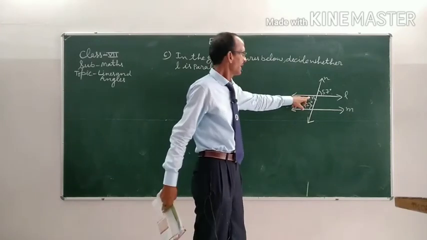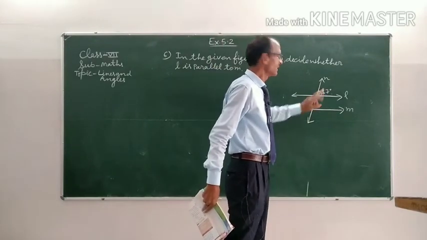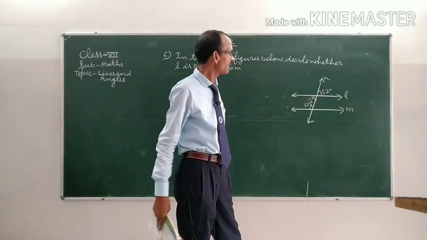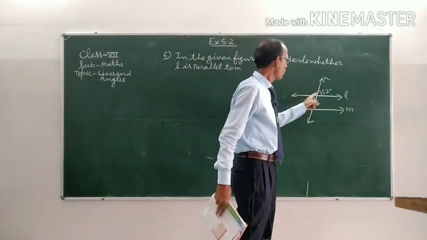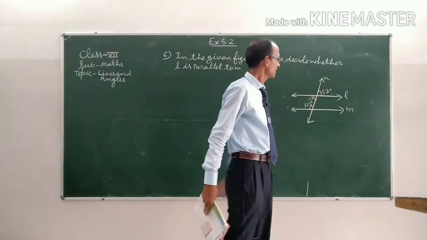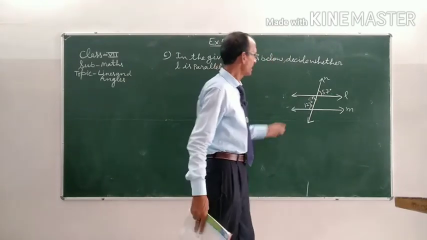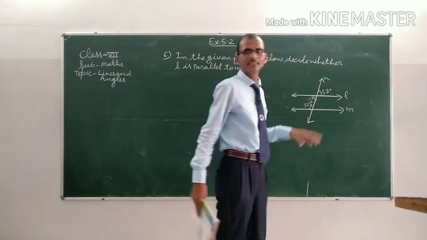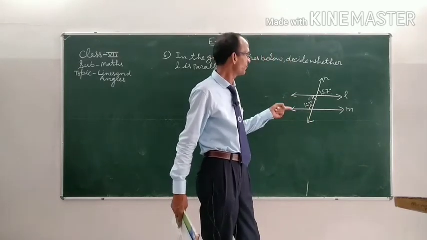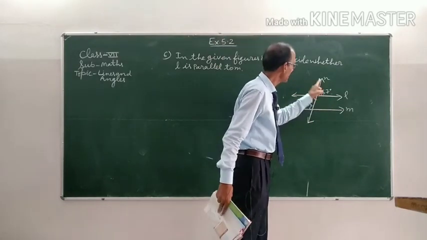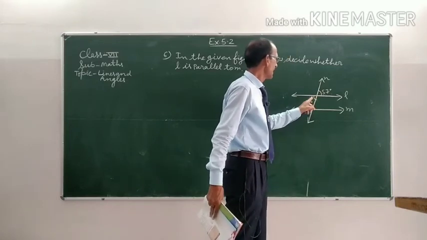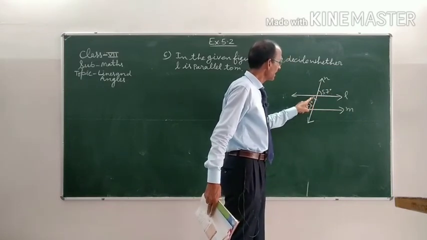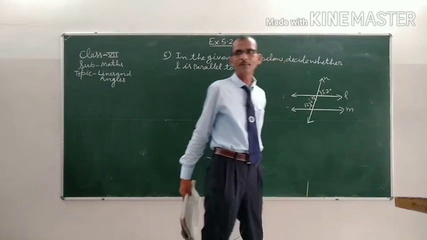Angle 1 and angle of 57 degree are which types of angle? These are vertically opposite angles, because vertically opposite angles are formed when two lines intersect each other. Here lines L and N intersect each other, and the opposite angles 1 and 57 degree are vertically opposite angles.